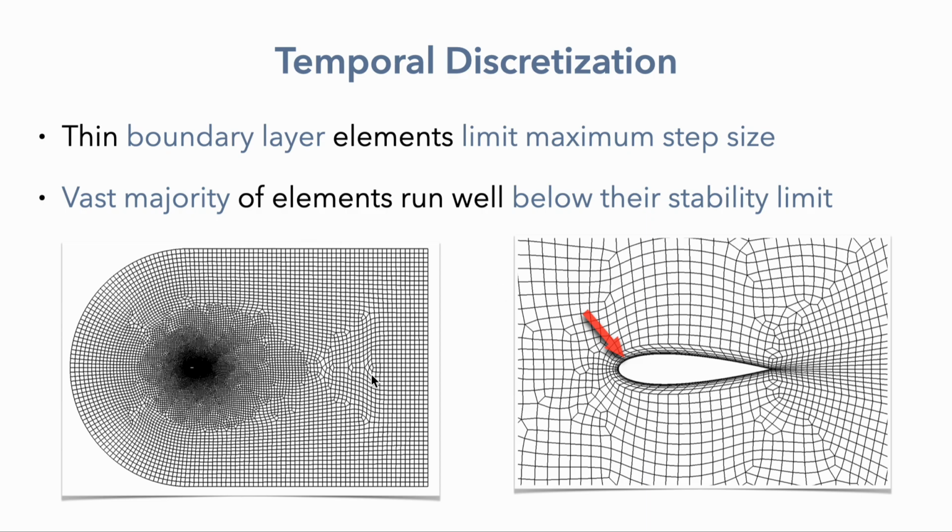And that means that all of these elements out here might be a fraction of that. They might be 1% or less of their maximum CFL number. So what this means, at least from a high level, is you can see we're wasting a lot of compute. We're running all of these elements at a much smaller time step than stability requires.